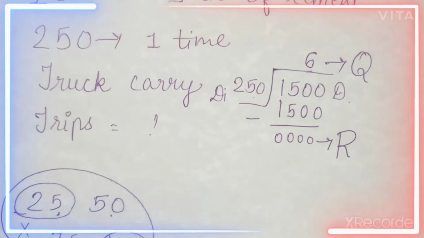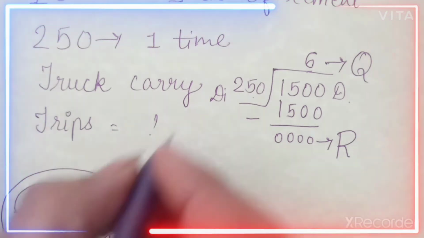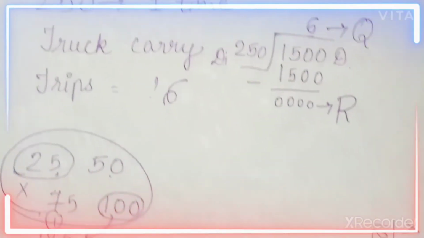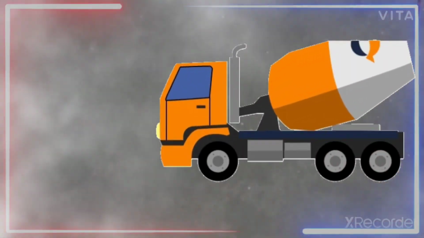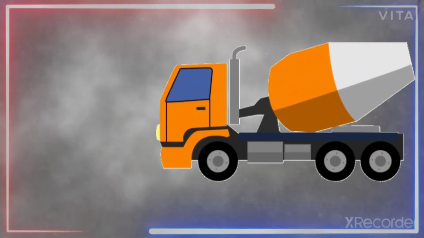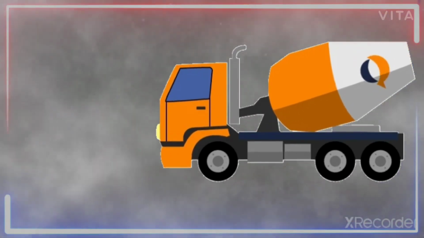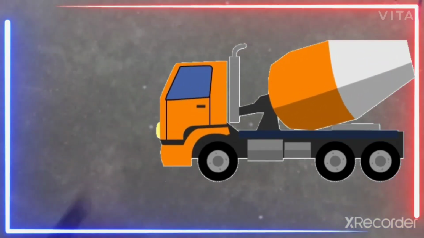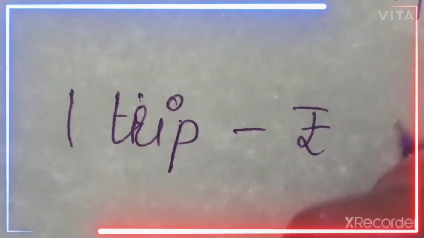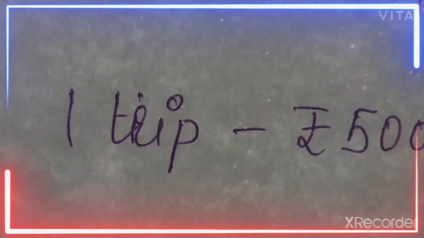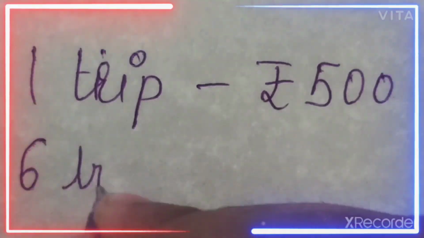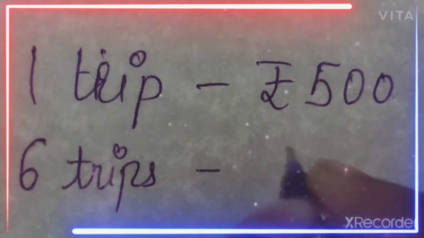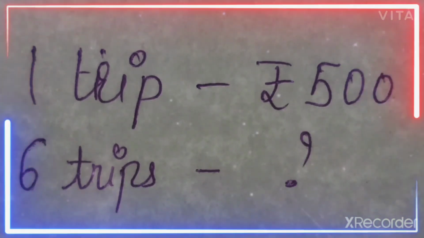So how many trips will the truck take? The truck will take 6 trips. Now while taking the trips, we have to pay the money also. So the driver will charge 500 rupees for one trip. So you will write, 6 trips is equal to how much?